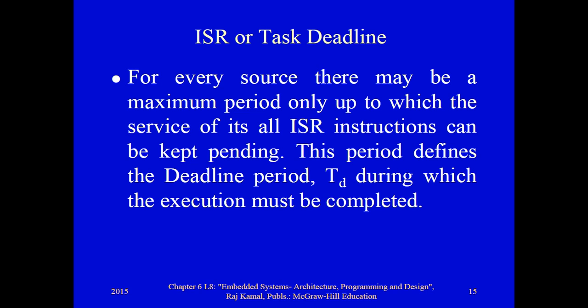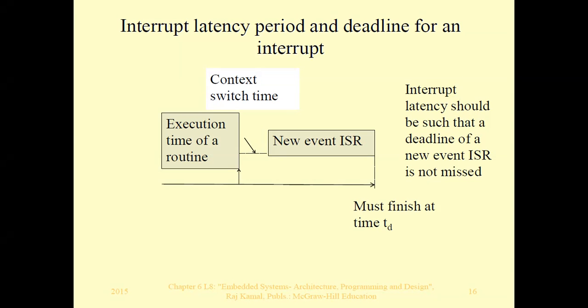That means only up to a particular instance we have to keep these ISR instructions in the source. So that ISR should be completed before the deadline period. That period is called the deadline period, and it is indicated by TD.